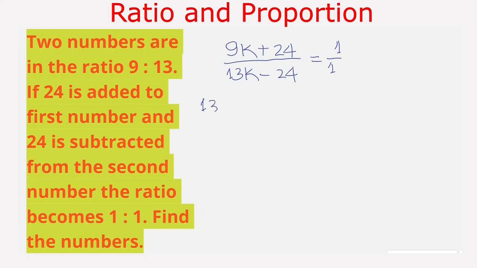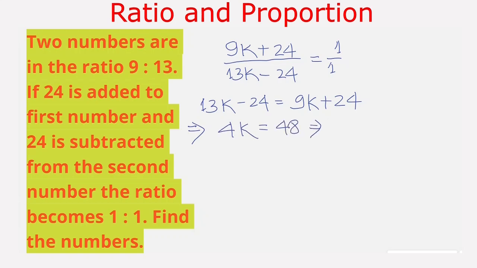So by cross multiplication we get 13k minus 24 equal to 9k plus 24. 13k minus 9k is 4k equal to 24 plus 24 is 48, giving k equal to 12.